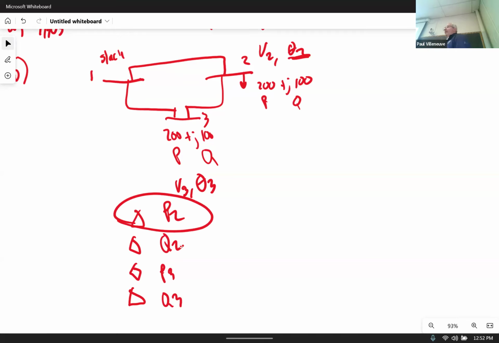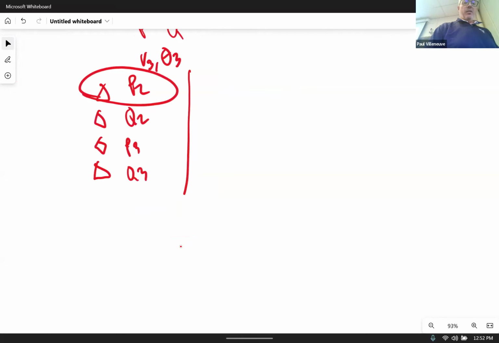Because if you remember, from a generator bus we know the voltage magnitude and the real power. We don't know the angle. So we solve for theta 2 by using our delta P2 equation. And then lastly, our Jacobian, right? Let me put it in order.